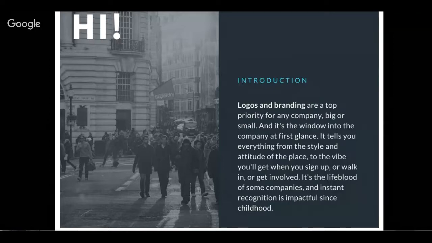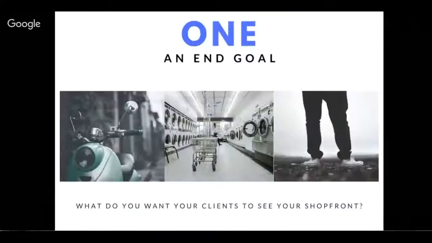You know exactly what that means. It means good cups of tea, free tasting, great products. So it tells you everything from the style and attitude of the place to the vibe you'll get when you sign up, walk in, or get involved. It's the lifeblood of some companies, and instant recognition is impactful since childhood. We all know those logos from birth that we have come to know and love.